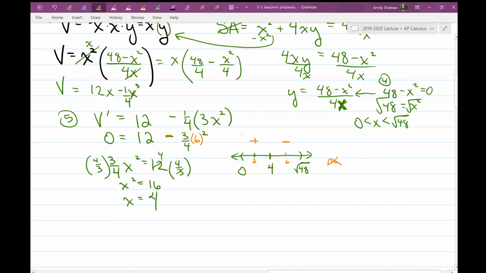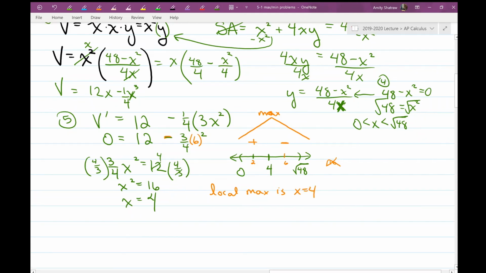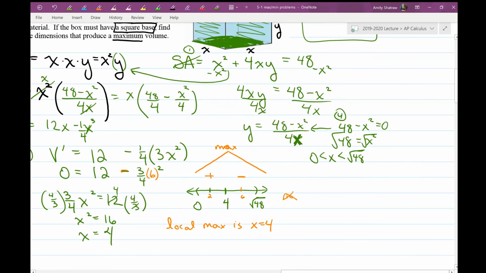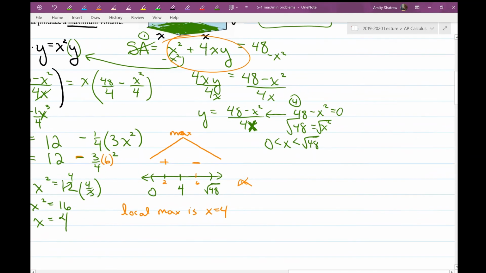So what I have is a slope that is increasing, and then it is decreasing, which means that I have a local max. And that local max is at x equals 4. Yay. Now I go back to my original equation up here for the surface area, and I'm going to plug that in so I can find out what y is.